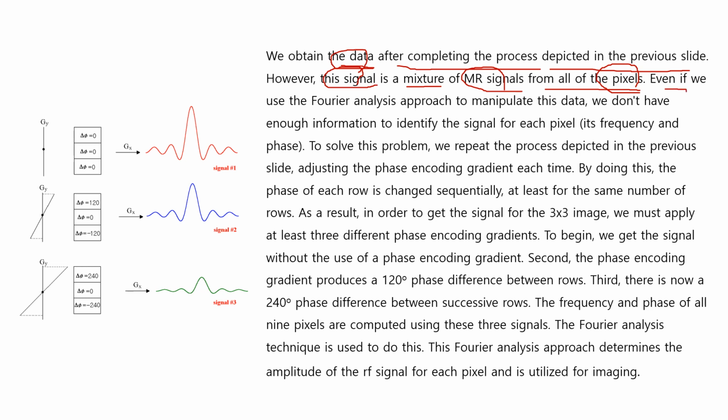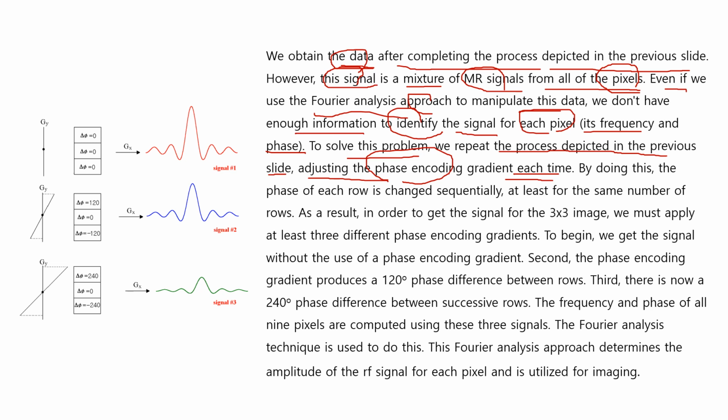So even if we use the Fourier analysis approach to manipulate this data, we don't have enough information to identify the signal of each pixel, its frequency and phase. To solve this problem, we repeat the process depicted in the previous slide, adjusting the phase encoding gradient each time.